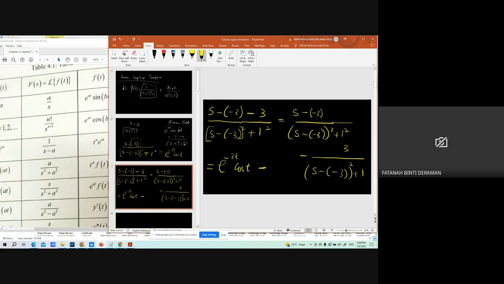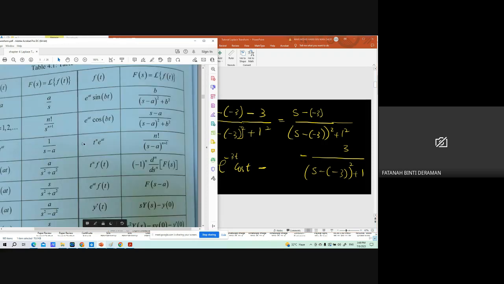So here we need to see another formula inside here.